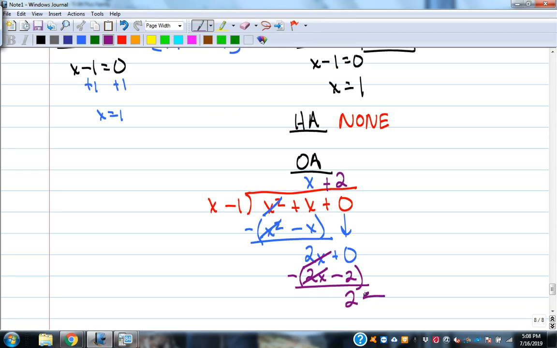This part, that's the remainder. That doesn't matter. Remember that from doing long division before, that's the remainder. The part that matters is this stuff up here. That's the equation for the oblique asymptote. Y equals 1x plus 2.